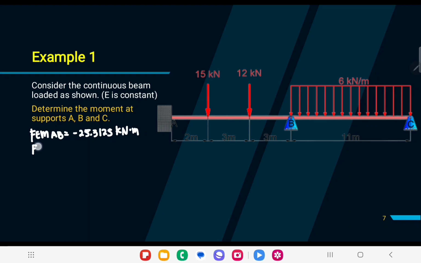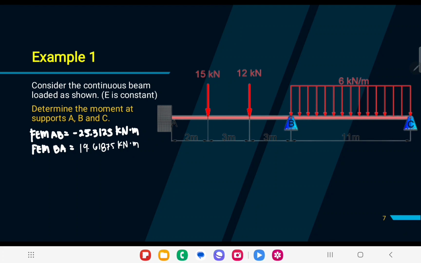And then for FEM BA, it is 19.6875 kilonewton meter.